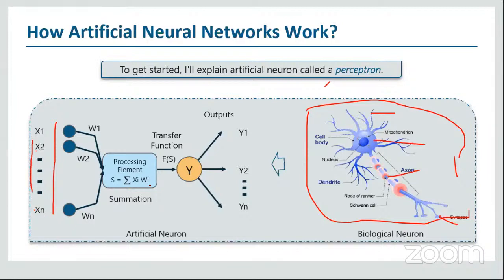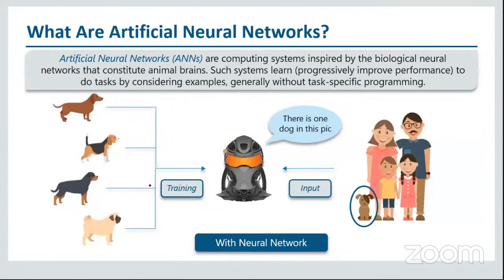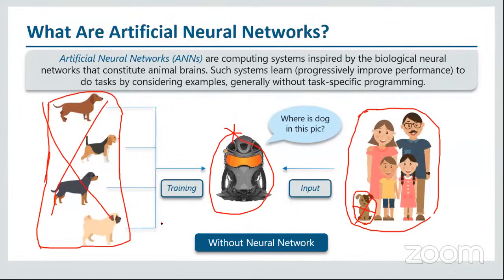Now, what is firing of the output? Right? In this picture, the moment you saw this picture, somewhere in your brain, you were able to identify quickly that this is a male, this is a female, a girl child, a boy child, and a dog.